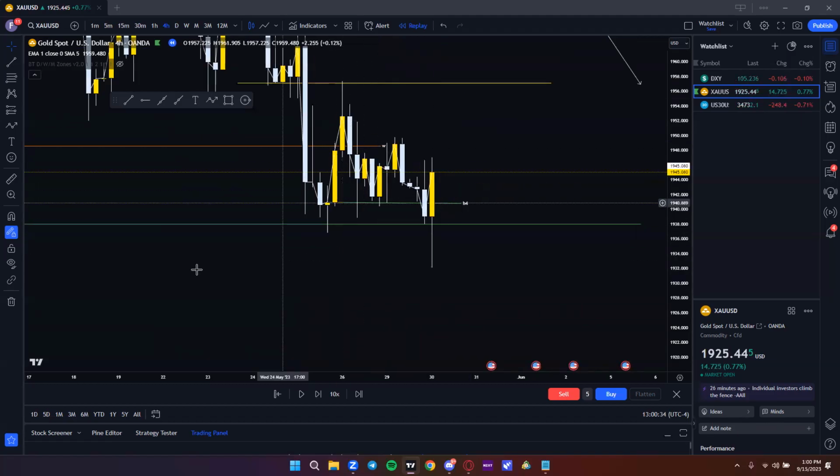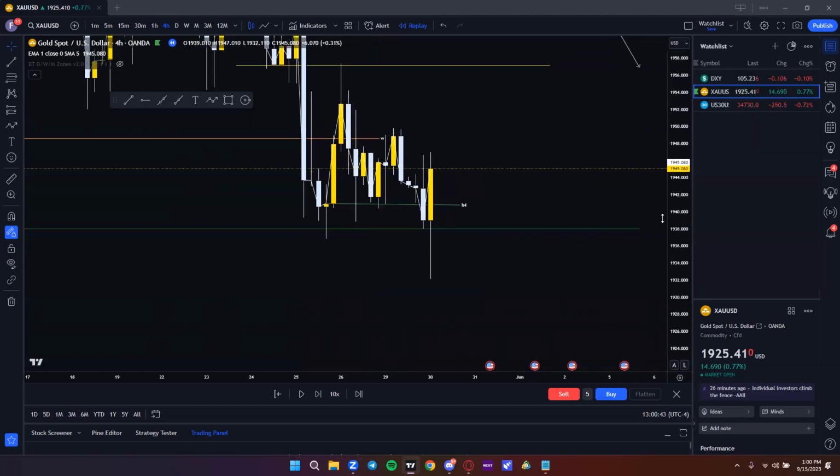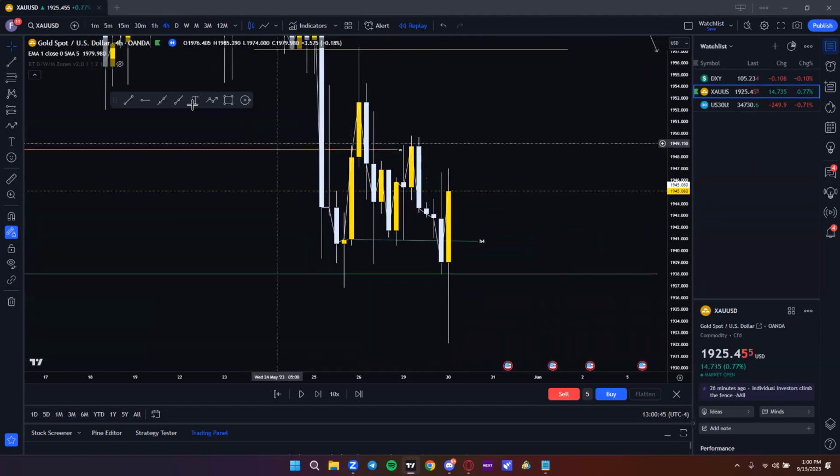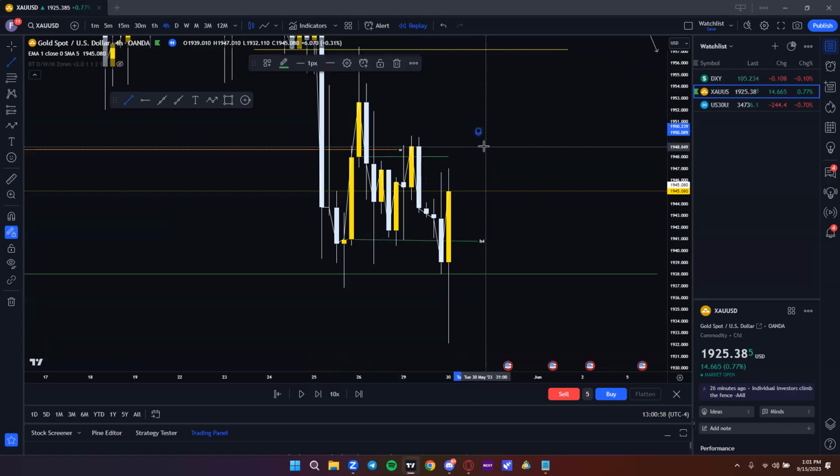After the breakout of a major level, price opens up and it tests. Okay, great. It tests the H4 decision level here Monday at 5 a.m. It closes above this level here. Now that is a key level that we look at and consider.